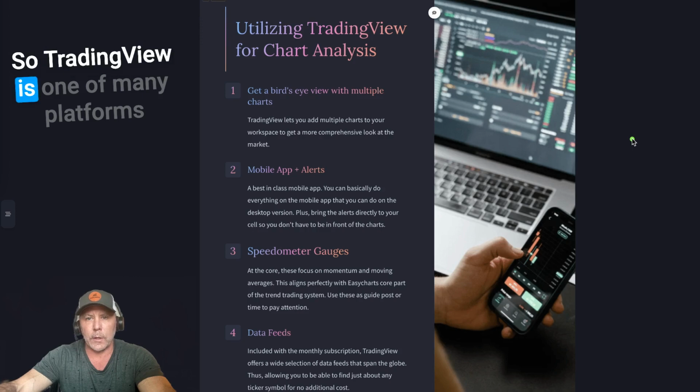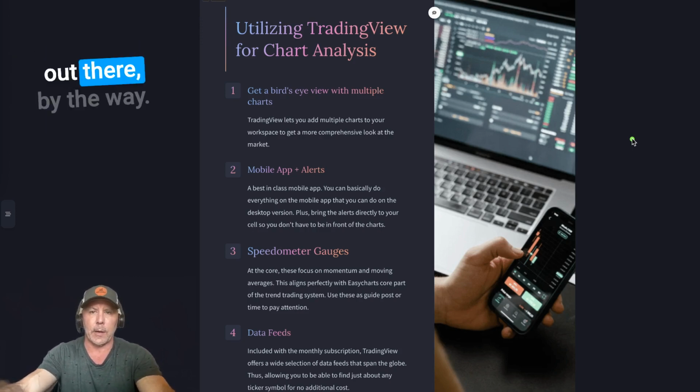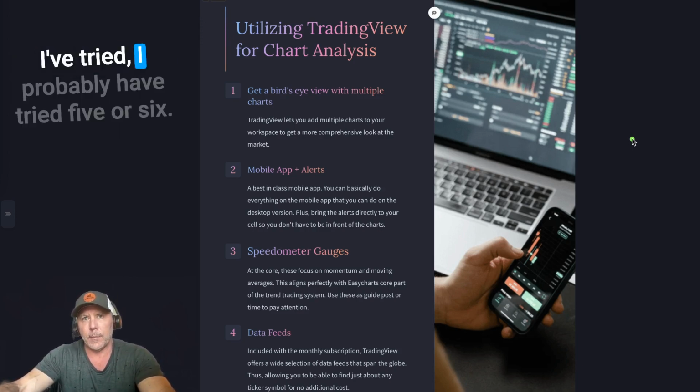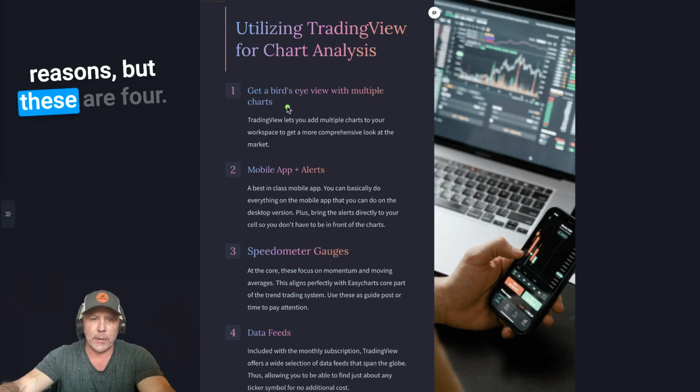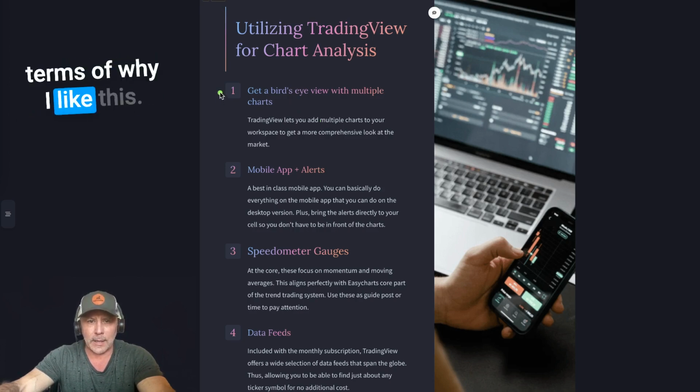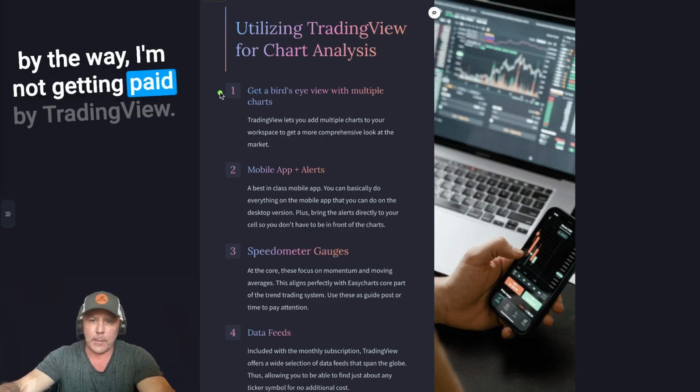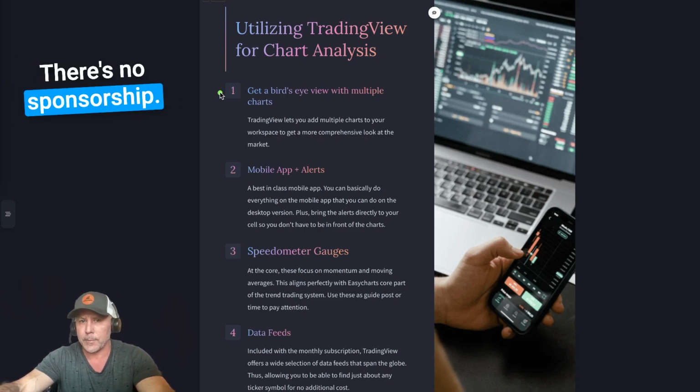TradingView is one of many platforms out there, by the way. I've probably tried 5 or 6, but I really enjoy TradingView for so many different reasons. But these are 4 at a very high level in terms of why I like this. By the way, I'm not getting paid by TradingView. There's no sponsorship. There's nothing.